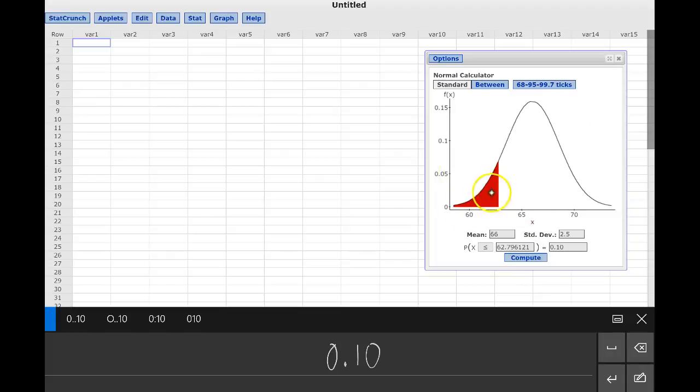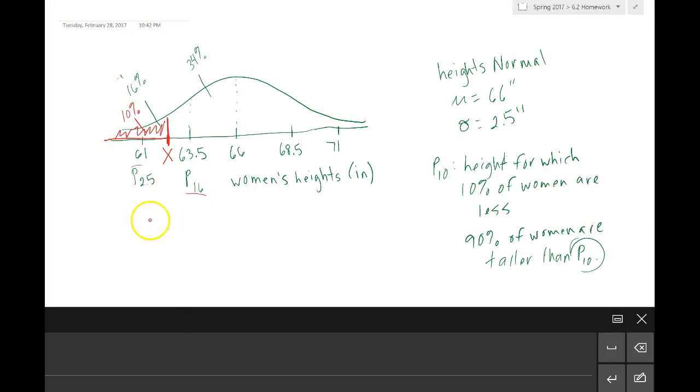The tail is on the left, and there's my shaded area of 10%. I now know that that woman's height is, we'll round to, 62.8 inches. So I go back to my graph and I now know that X is 62.8 inches. Makes sense, right? It falls right between those two values.